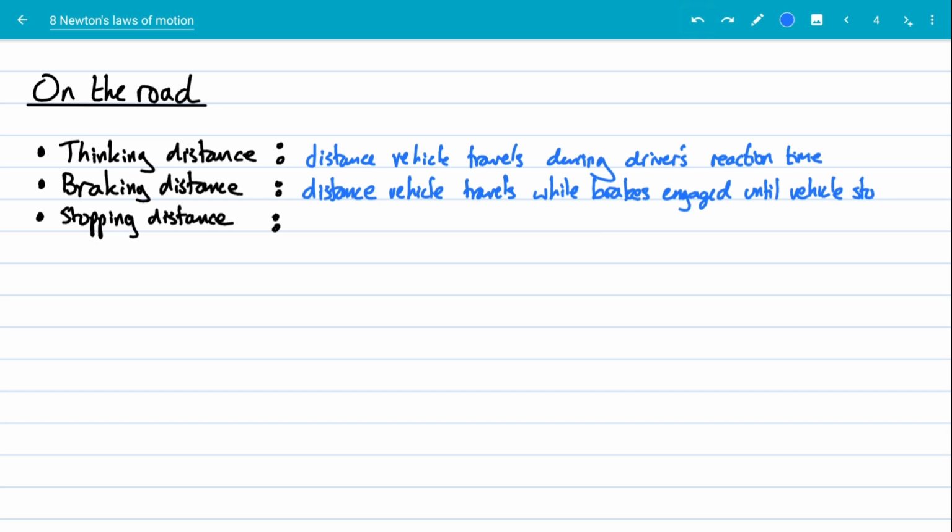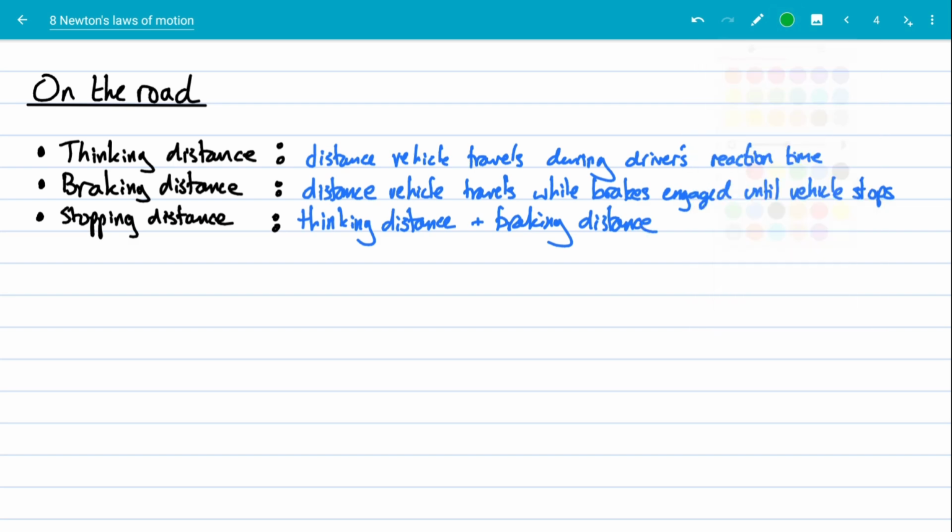You can vary your braking force by pushing your foot harder on the pedals, but that's an assumption that's made when we calculate braking distance. And what's stopping distance? Well, that's just the sum of the two: thinking distance plus braking distance.